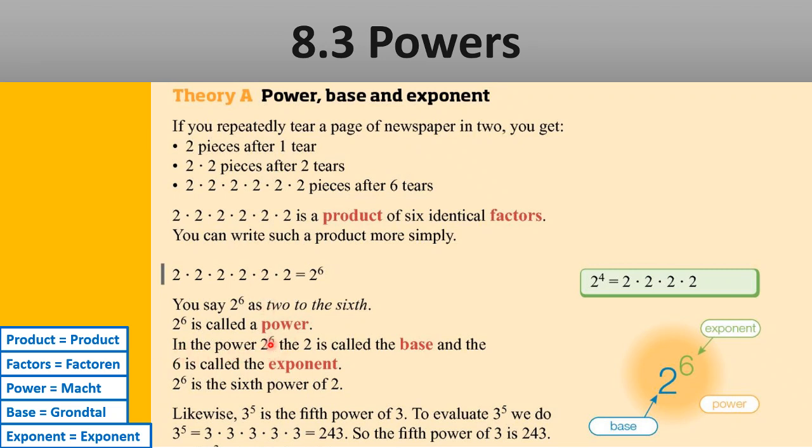In this power, 2 to the 6th power, the 2 is called the base, also called the grondtal. It stands on the ground. The base is on the ground. And the 6 is called the exponent, sometimes also called the index. Previous versions of Numbers in Space call it the index.